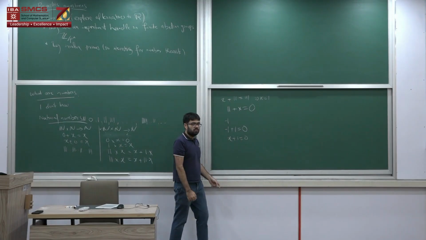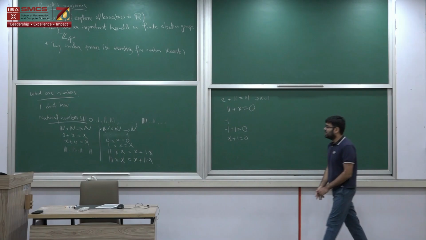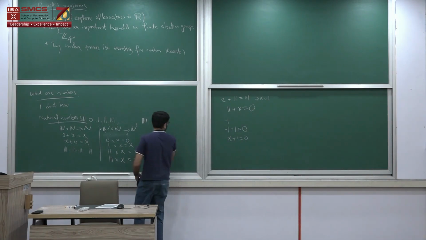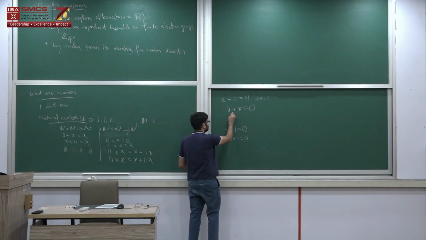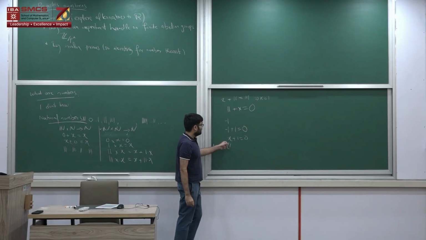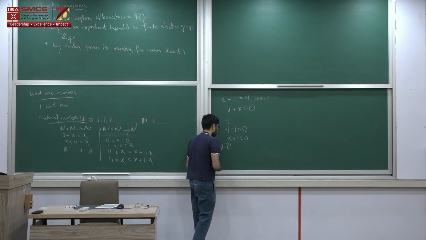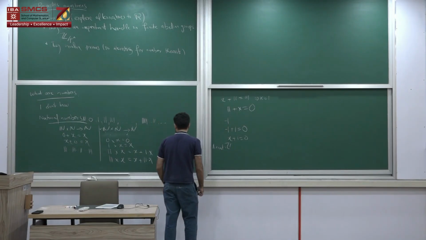So I'm just going to add a solution, right? But I also want this property. So I want some new set. Let me call this set Z. This Z includes this -1, but I also want it to be... I should have said something earlier.